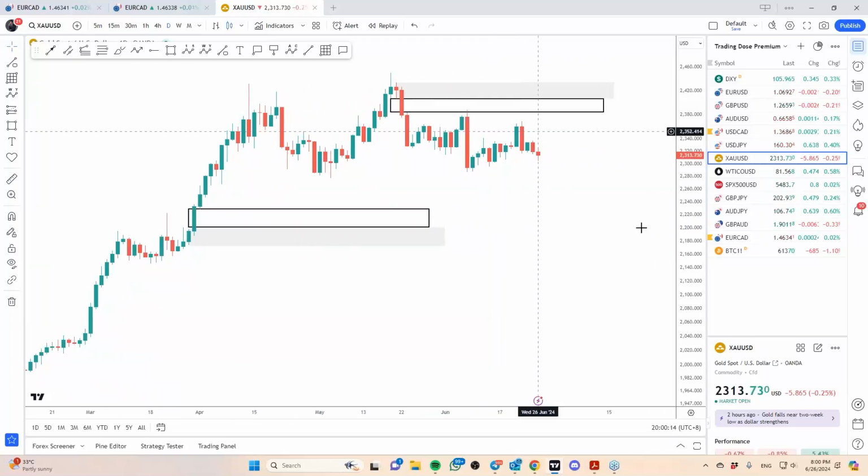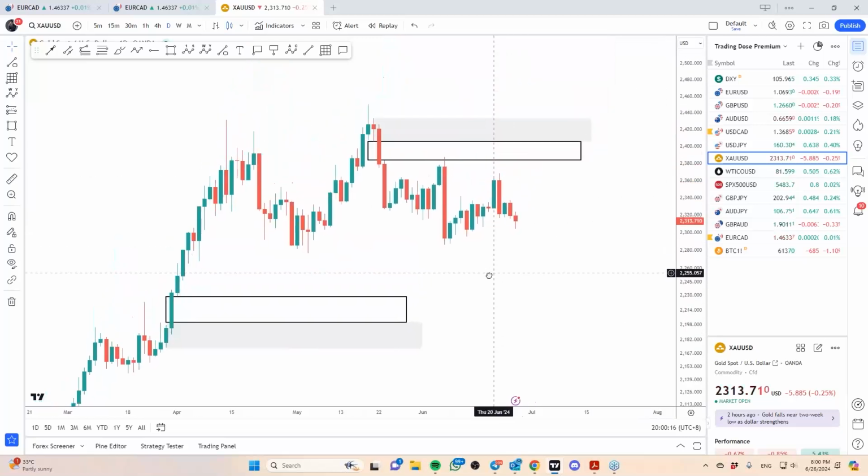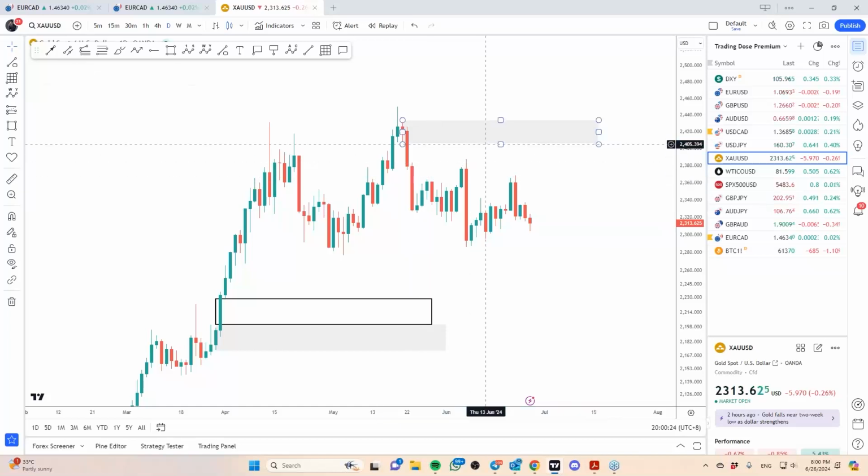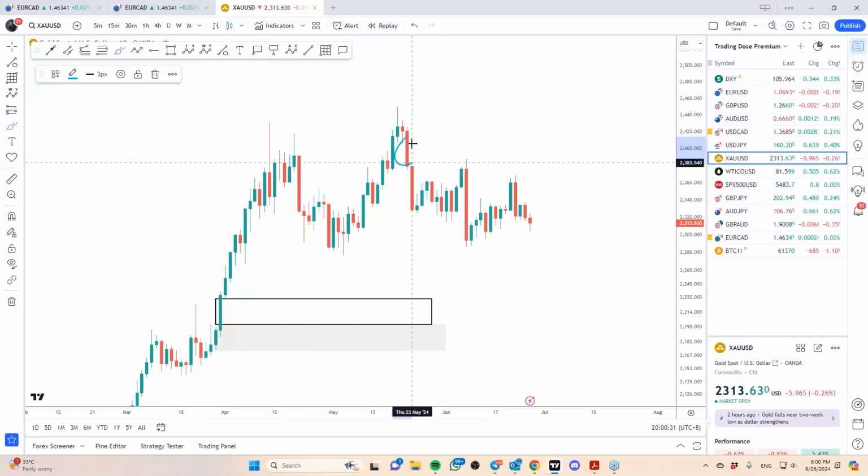Now, for those of you who are a little bit more experienced in trading, the other way to use it, which may be a little bit more technically accurate, would be to look out for a fair value gap.